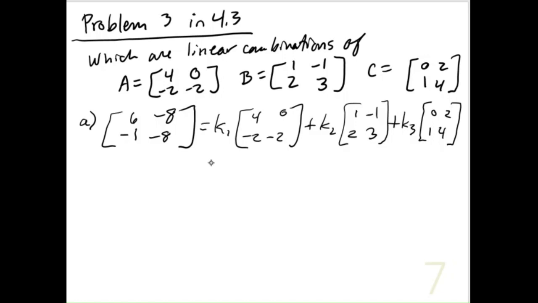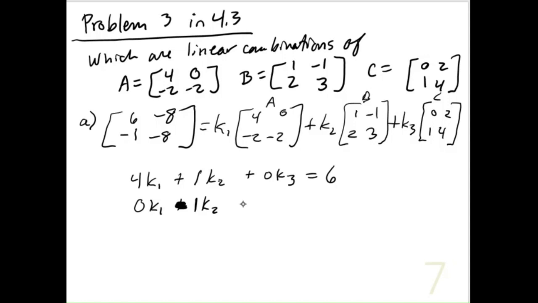Here we would have 4K1, that's the 4 here of matrix A, plus 1K2 from our matrix B, plus 0K3 from matrix C, and all of that is going to equal this first entry here, 6. Then creating the rest of the equations, we have 0K1, and the next one is a -1, so this would be minus K2, plus 2K3 equals -8.